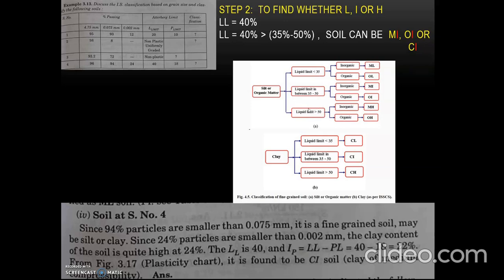We confirm that 40 lies between 35 and 50. So the soil can be either MI, OI or CI. As of now, we have not confirmed whether it is silt, organic matter or clay. But from this step, we confirm that the soil has intermediate compressibility. So the second letter to be used is I.